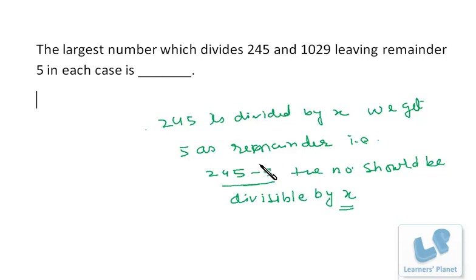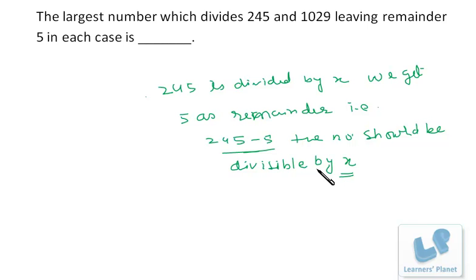That means 5 is extra, so if we drop this extra from 245, the remaining part should be divisible by x. Similarly, the same case is with 1029. So if we deduct 5 from 1029, the remaining number should be divisible by x. Now in this case we have to find out that particular x.